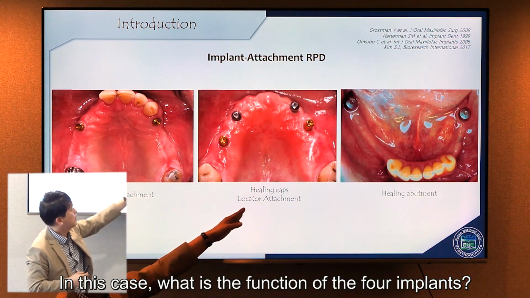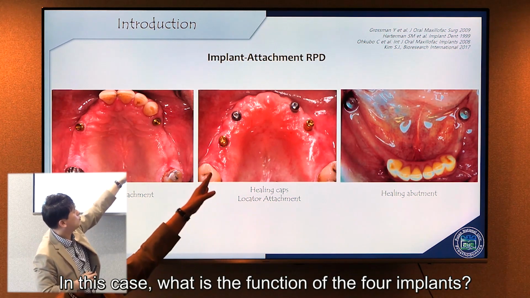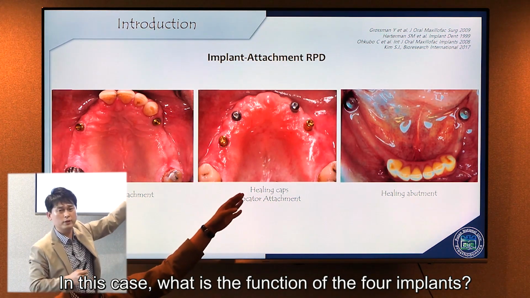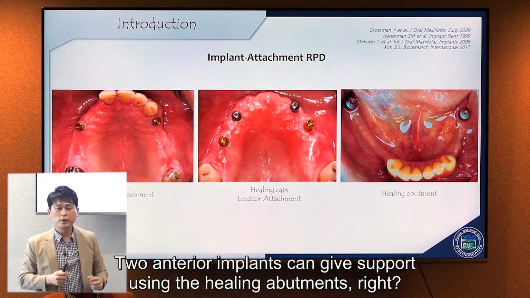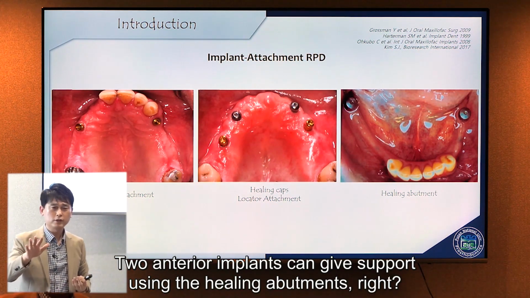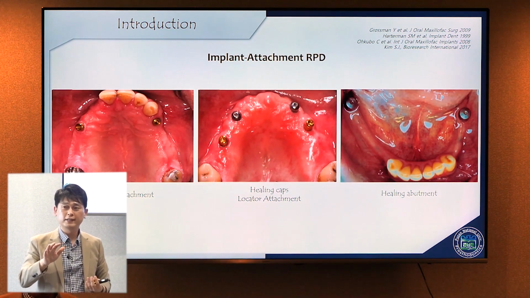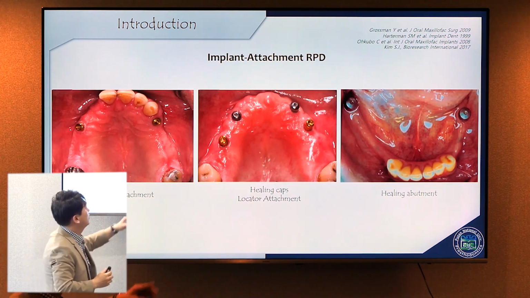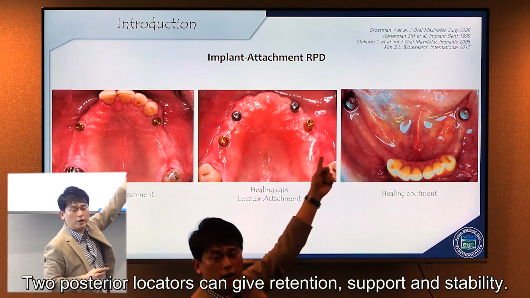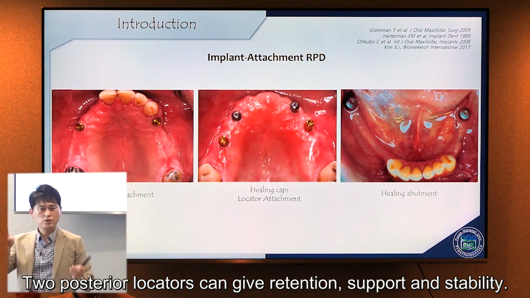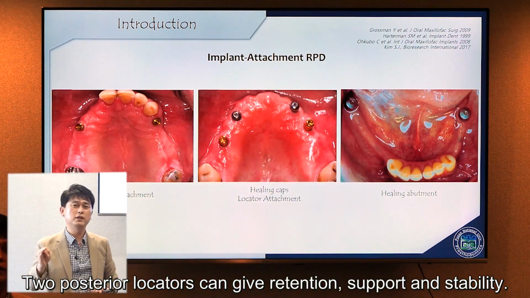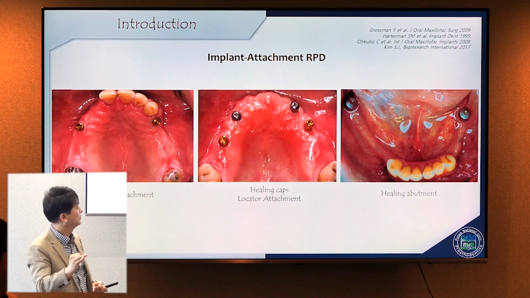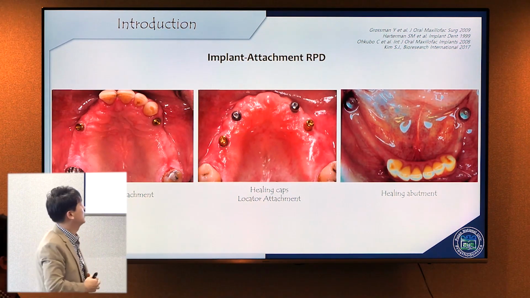And in this case, what kind of function does each implant have? The anterior 2 implants can give support using the healing abutment, right? But there is no function of retention. The posterior 2 locators can give retention, support, and stability. You know?